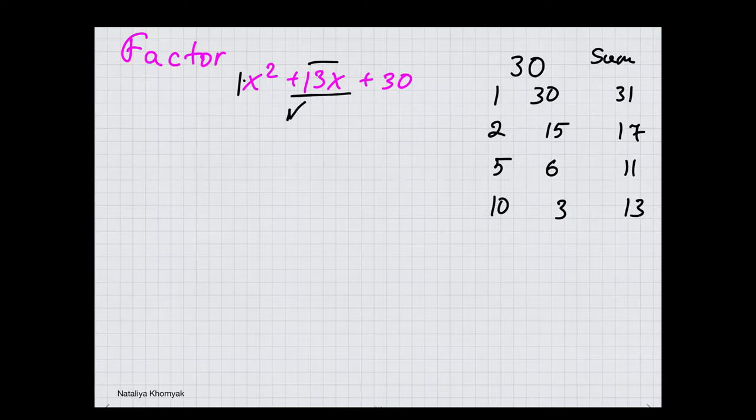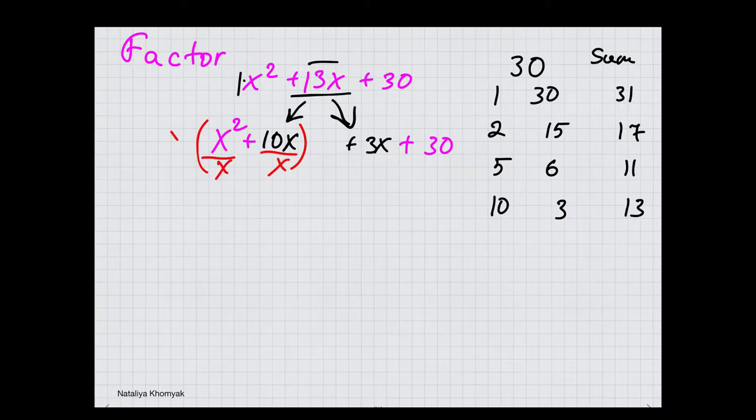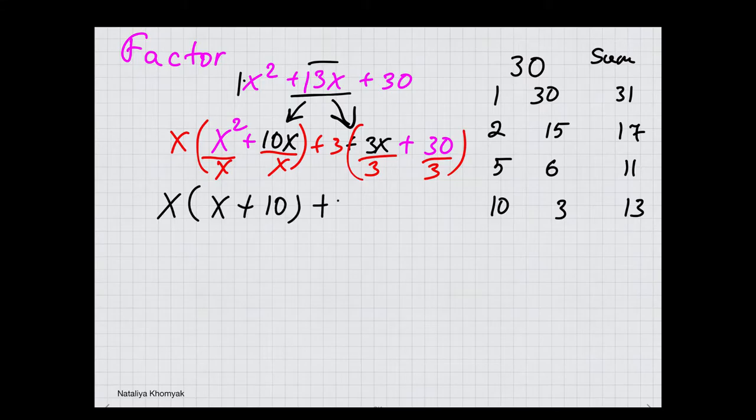So now we can just rewrite this as 10x plus 3x, keeping everything else as is. Now let's factor these two. We can take out x from here. From here we can take out 3. So this will be x times x plus 10 plus 3 times x plus 10.